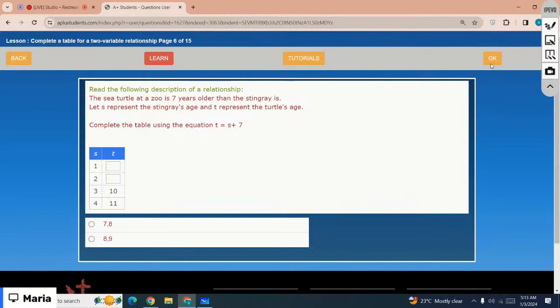T equals S plus 7. So the correct option is, you have to calculate for S equals 1 and S equals 2.